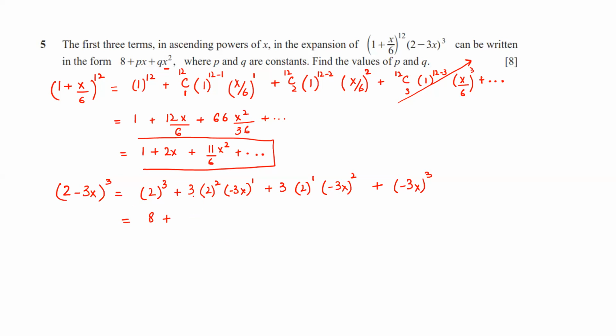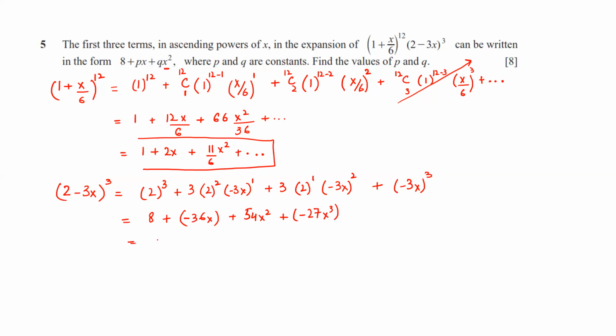4 into 3 is 12, 12 into 3 is 36, minus 36x plus 3 into 2 is 6, 6 into 9 is 54, so 54x square. Although keeping it till x square is fine, for the sake of simplicity I'll go here, so minus 27x cube.